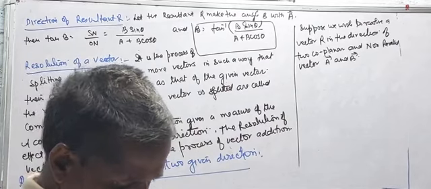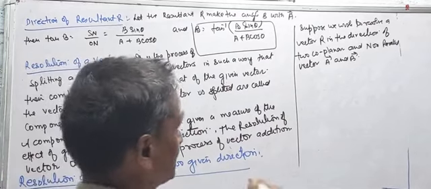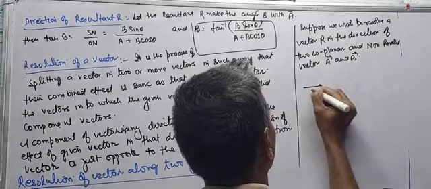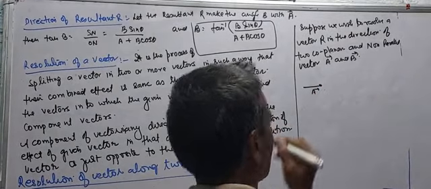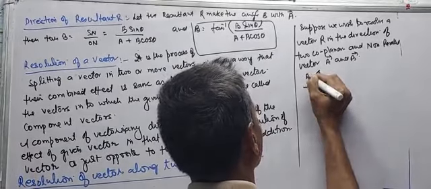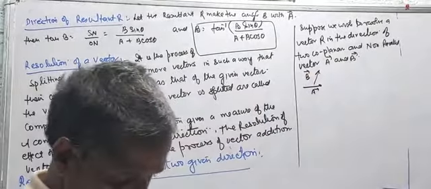Suppose OQ, this is A vector and this is B vector.